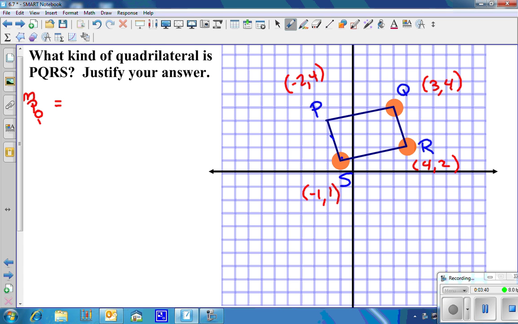So for P and Q, 4 minus 4 over -2 minus 3, and I get 0 over -5, which is just 0. Not a 0 slope. I'm sorry, I wrote down the wrong number here.